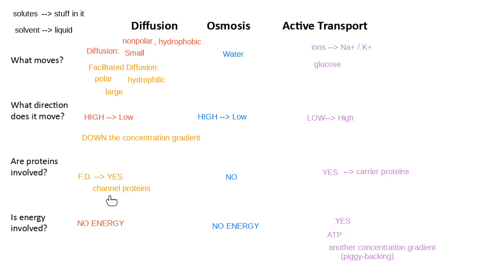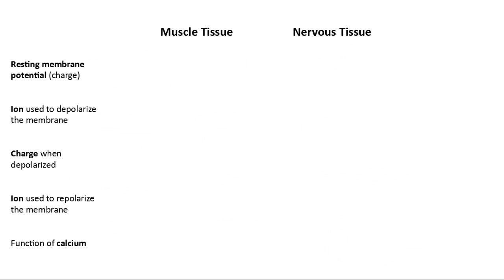All right, so there was our first compare and contrast. Let's do our second compare and contrast. This was the two types of tissue that we talked about how they worked. So this was unit number 3, when we talked about the process of muscle contraction, and we talked about the ways that nervous tissue talked to each other, or my neurons talked to each other.